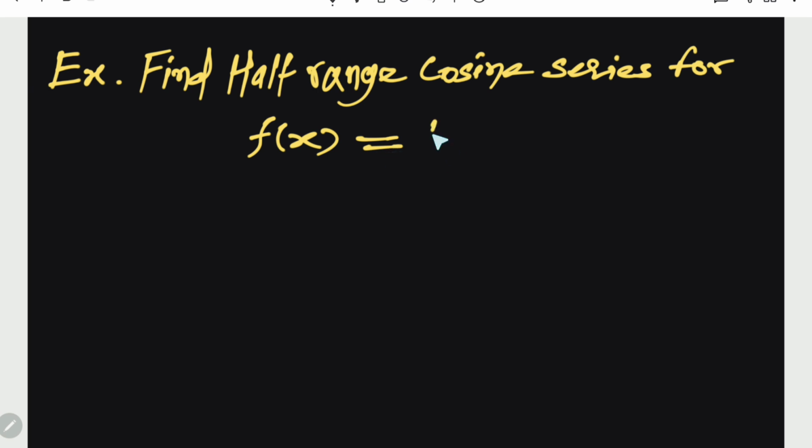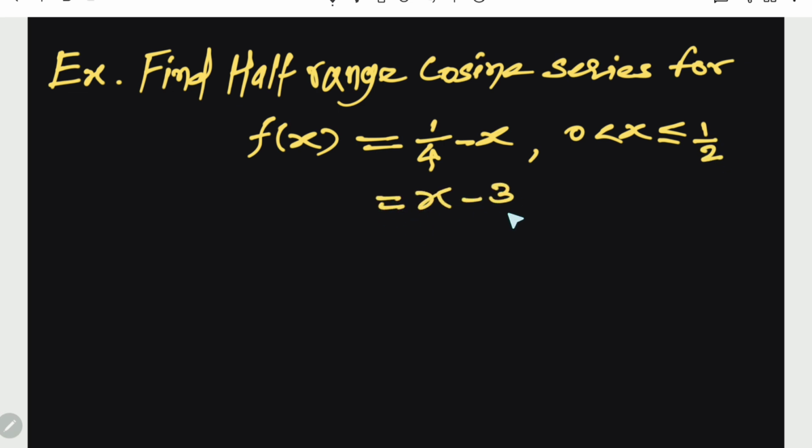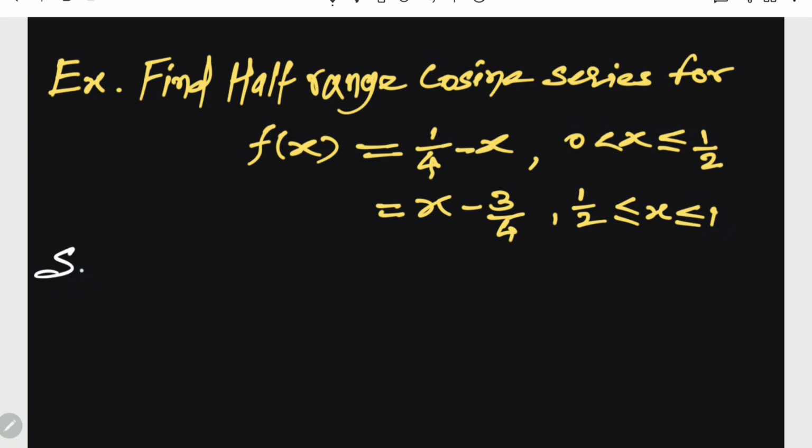The first one is 1 by 4 minus x in the interval 0 less than x less than or equal to 1 by 2, and the second value is x minus 3 by 4 in the range 1 by 2 less than x less than or equal to 1. Therefore, the total range is between 0 and 1.